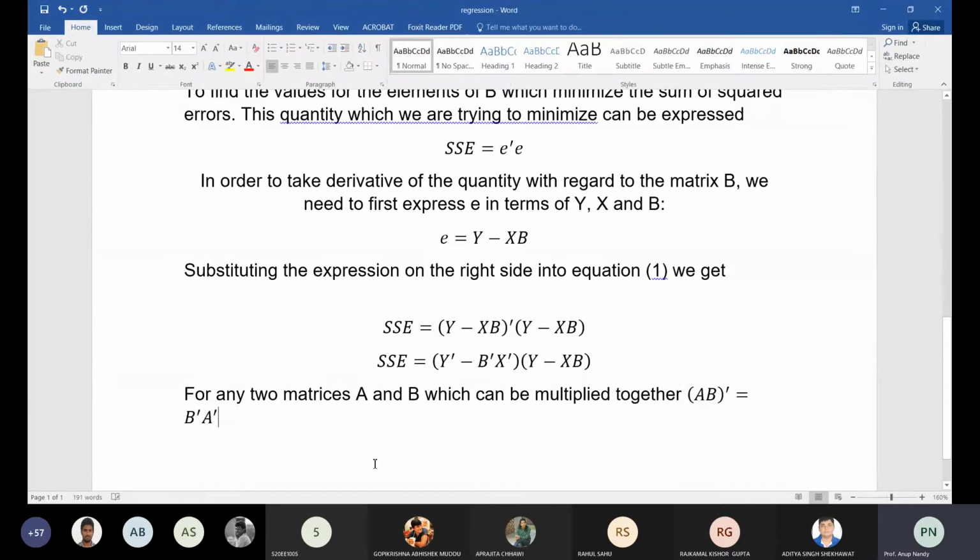Okay, so as per the property you can write in this way.